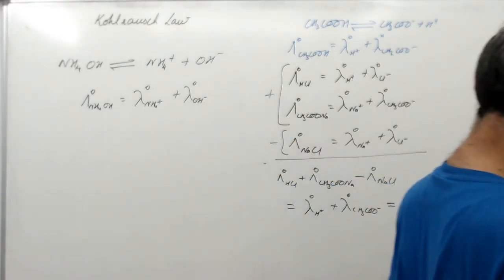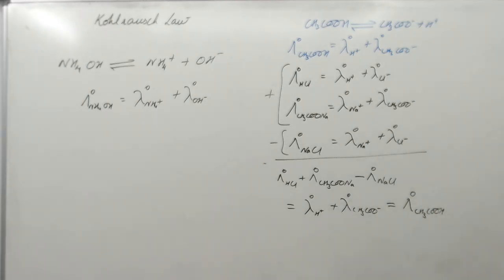Now give me the combination of the three strong electrolytes which are going to give me this answer. I need lambda naught of NH4OH, but NH4OH is a weak electrolyte.